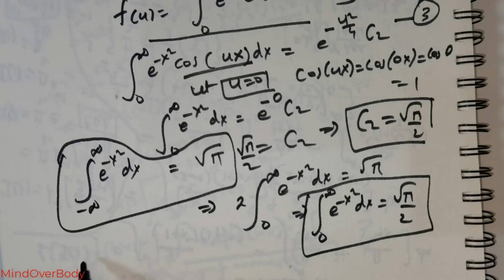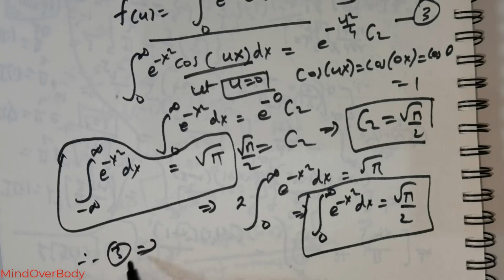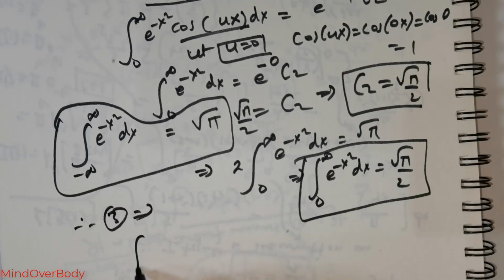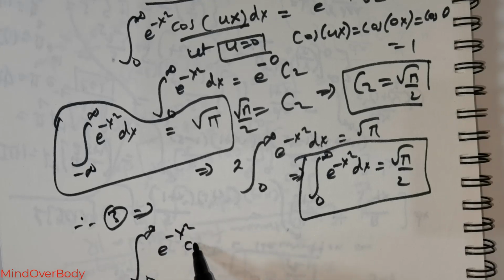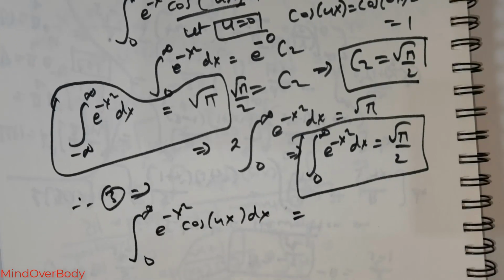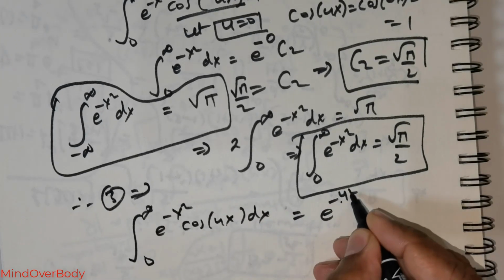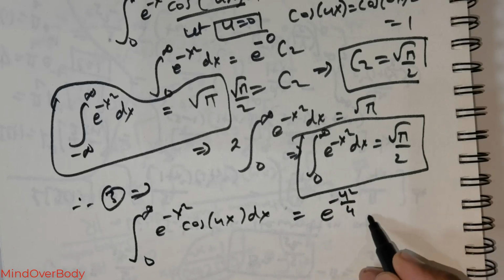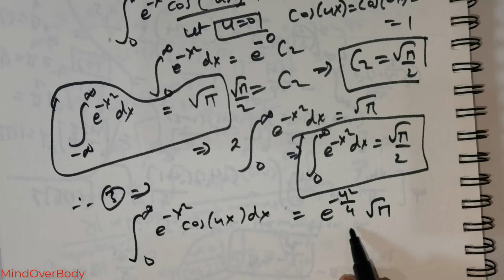Therefore 3 becomes the integral from 0 to infinity of e raised to the power of negative x squared cos of u times x times dx is equal to e raised to the power of negative u squared divided by 4, and c2 is root of pi over 2.